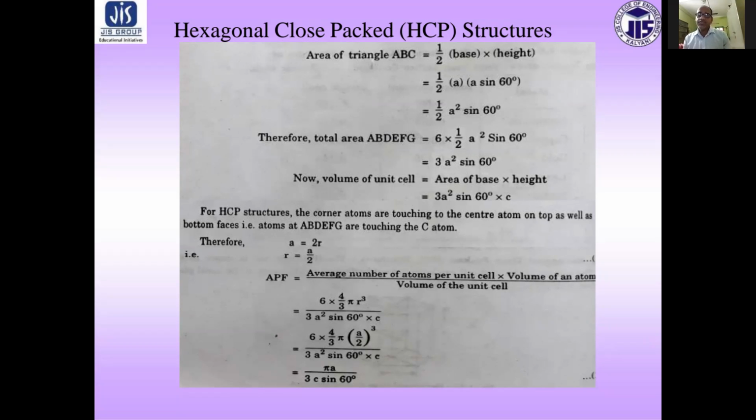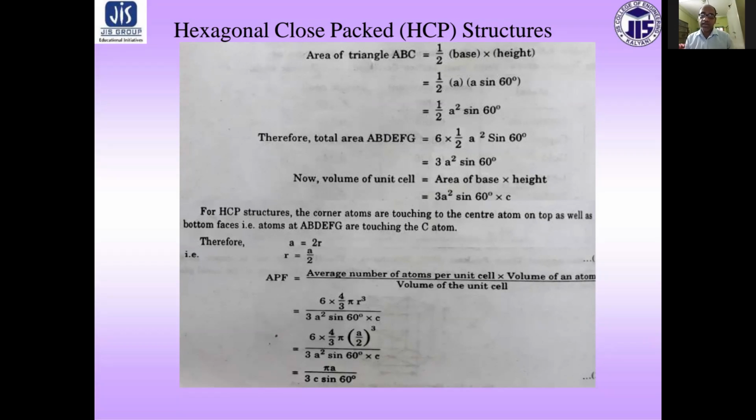So in this case, the lattice parameter a, the hexagonal lattice a, will be 2R, that is R is equal to a by 2.